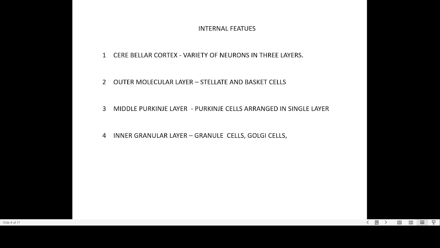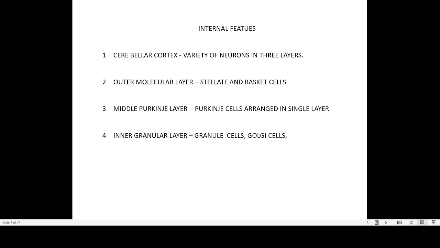The outer molecular layer consists mainly of stellate and basket cells. Then the middle Purkinje layer consists of Purkinje cells, arranged in a single layer. Then the inner portion is the granular layer, which consists of granular cells and Golgi cells.